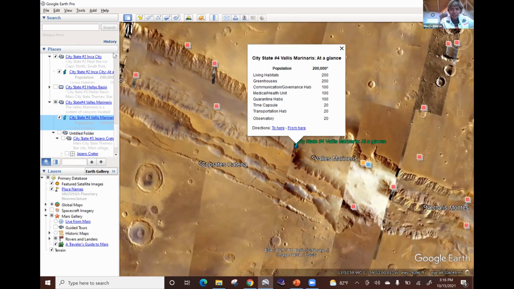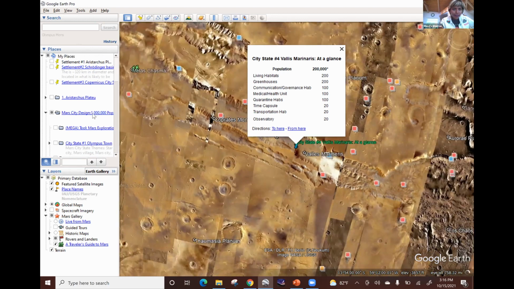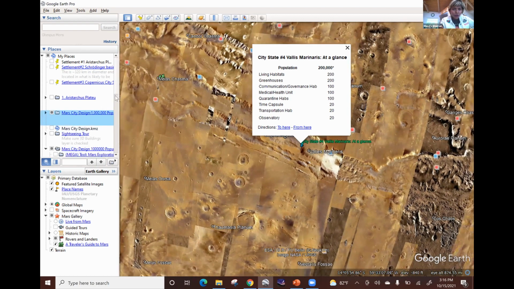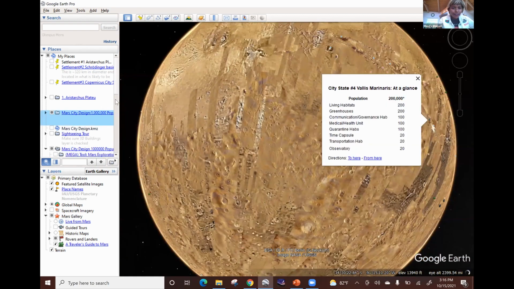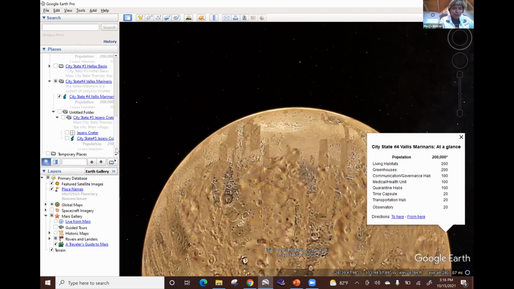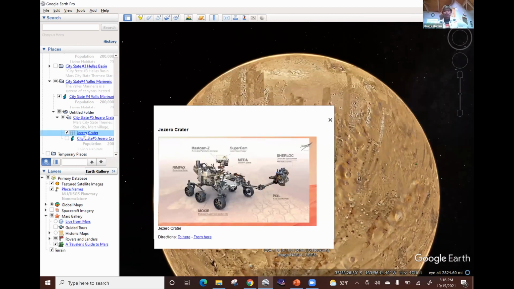This looks kind of like a delta. Yeah, this is a delta. And then, oh, that's for the Moon, but then again, I can play with this more and just learn. But this is kind of a settlement you're doing. Okay, Jezero crater. That's where they landed the rover recently.